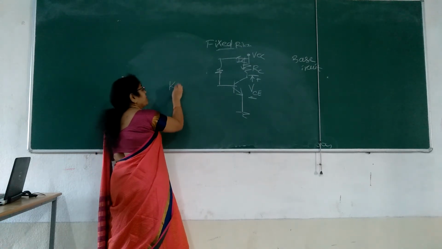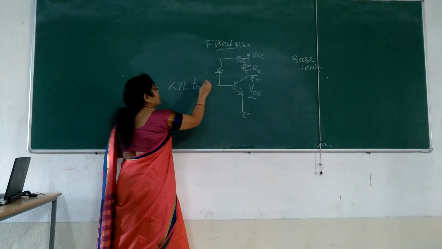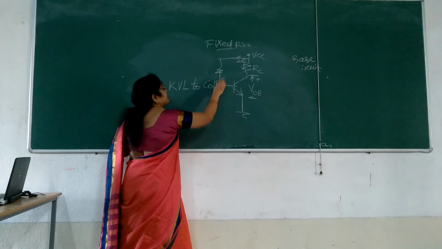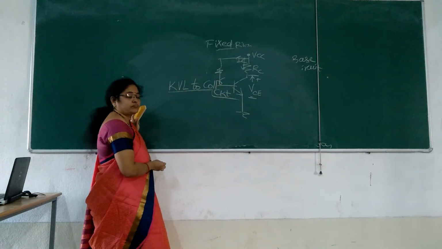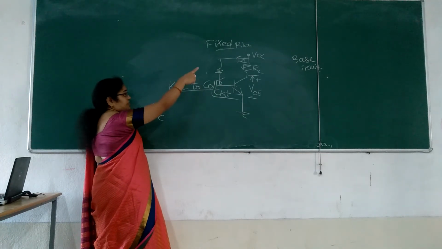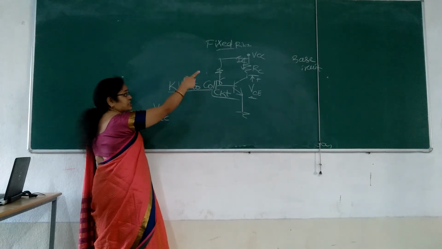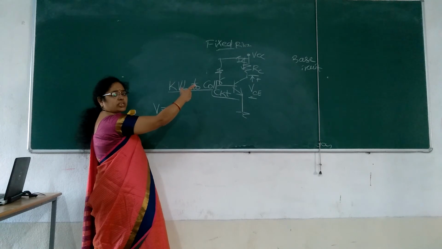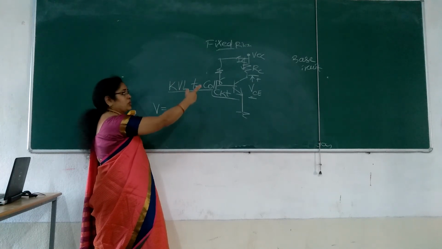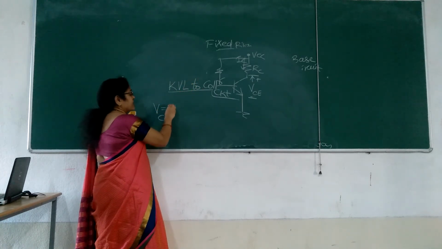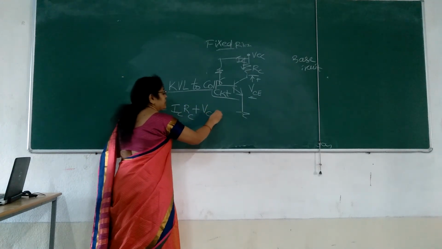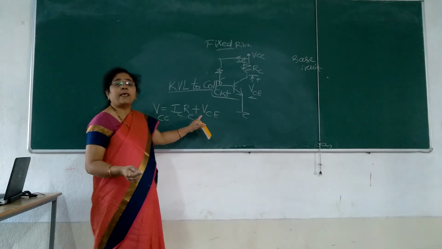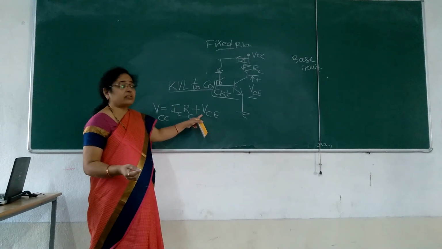Now KVL to the collector circuit. VCC equals IC RC plus VCE, adding all the voltage drops.